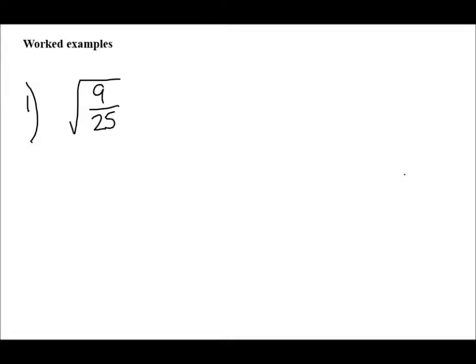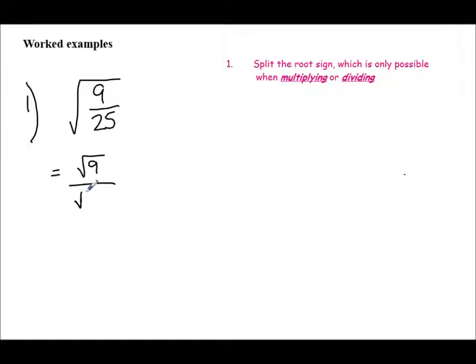Let's have a look at the worked example. So as soon as you get a square root, it is a fraction. We're going to split the root sign, which is only possible when you multiply and or divide. So we will have the square root of 9 over the square root of 25.